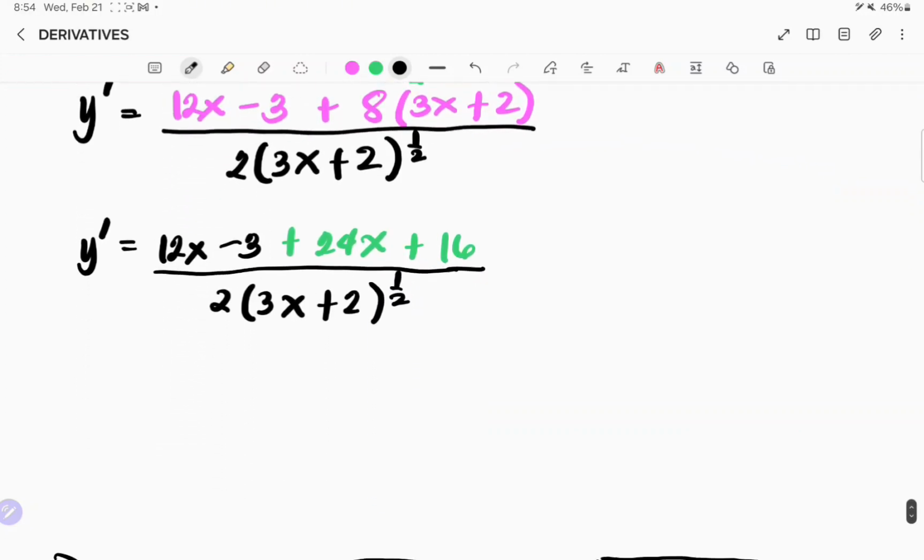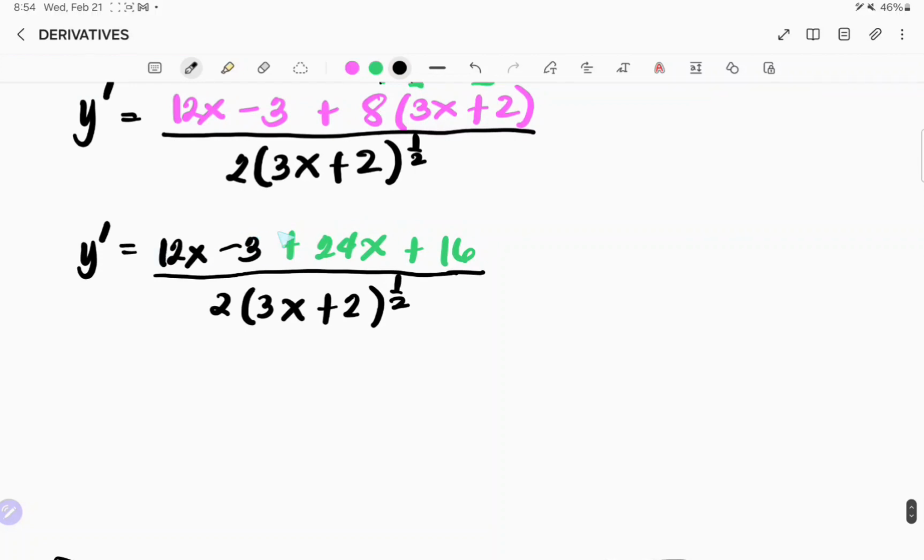And we can combine some similar terms here in our numerator. So we have this 12x and 24x is 36x. And our negative 3 and positive 16 is positive 13, over 2.